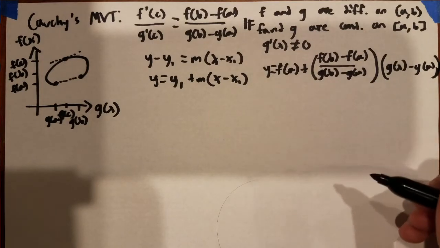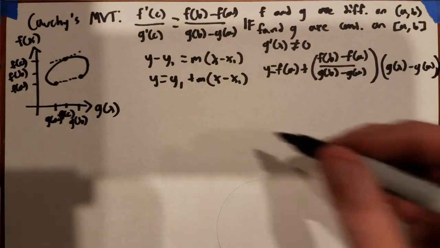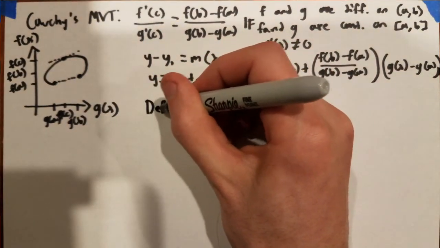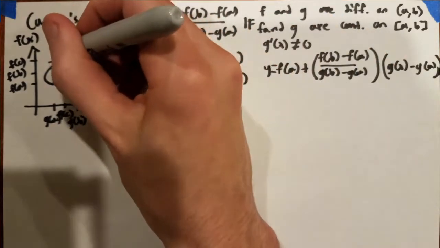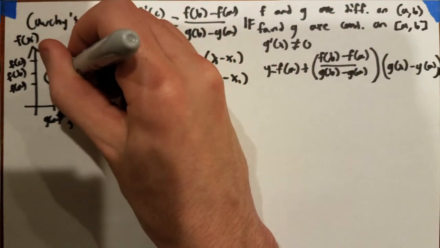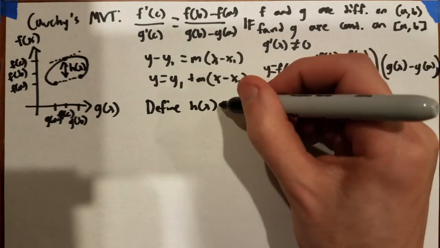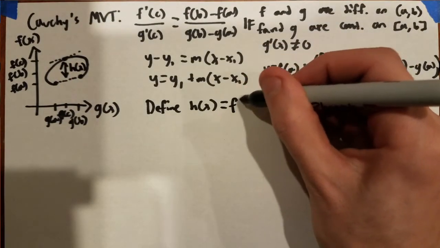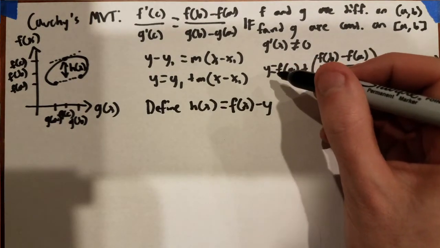Now what we're going to do is define a new function, h of x. We're going to define h of x to be the difference between our function and our average rate of change. So this difference right here is going to be h of x. As an equation, it's going to equal f of x minus y, and this is going to be our y right here. So let's plug in y for h of x.